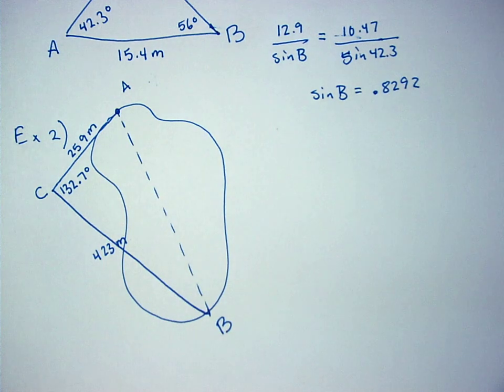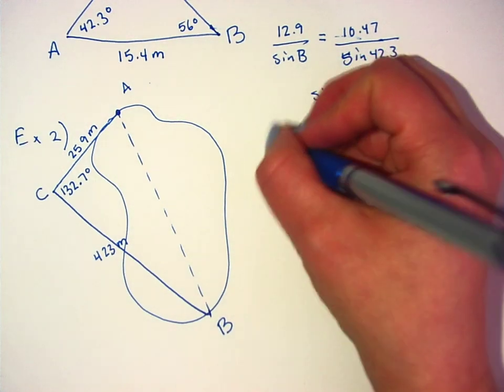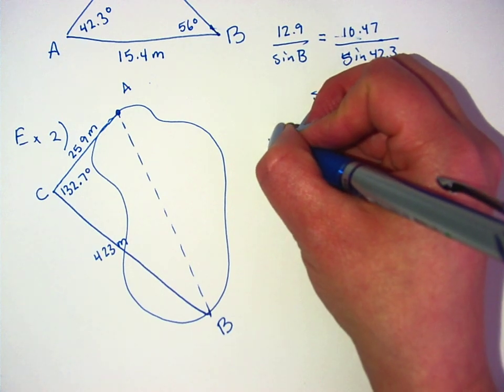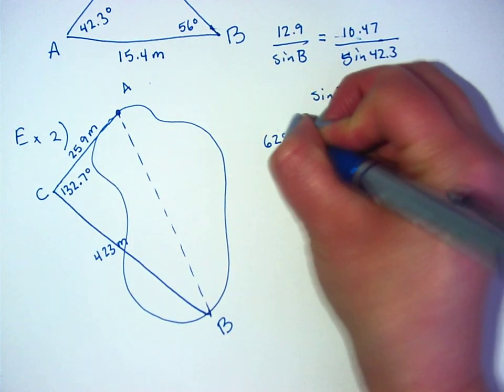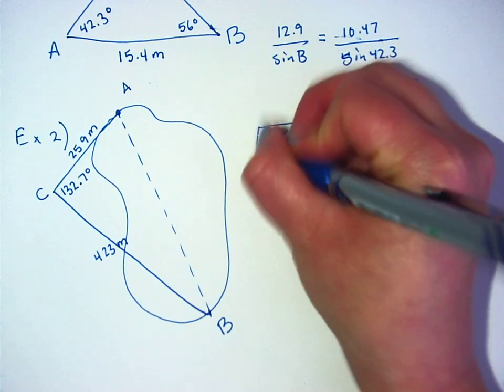Cosine of 132, right? So we did 7. Then we just solve. The correct answer of this is 628 meters.